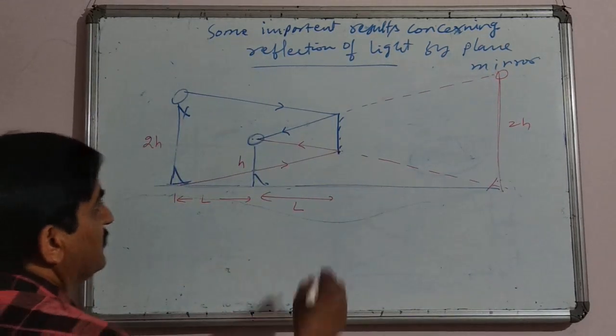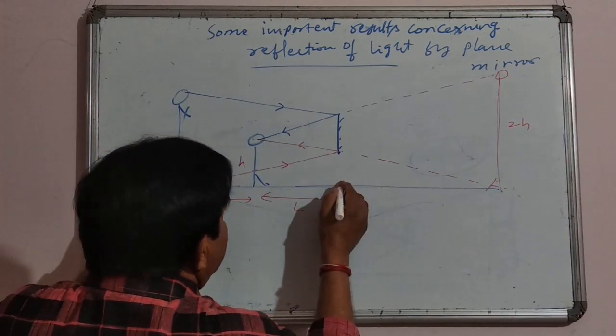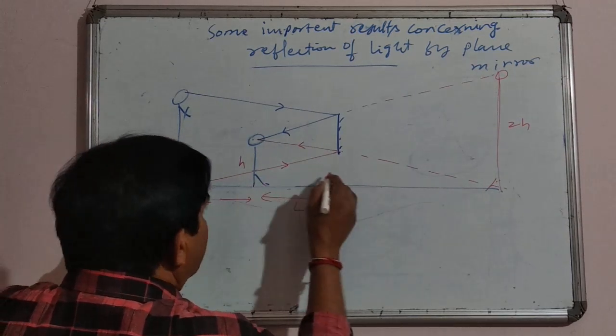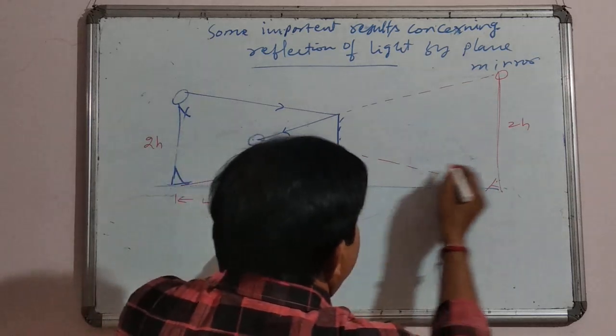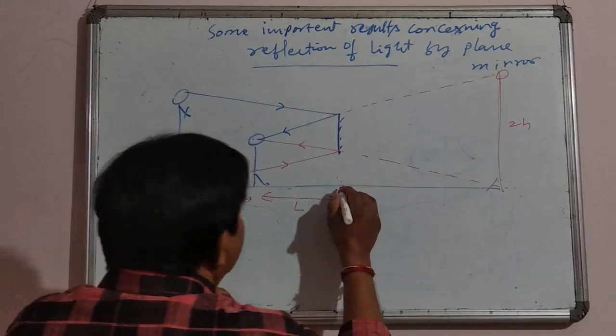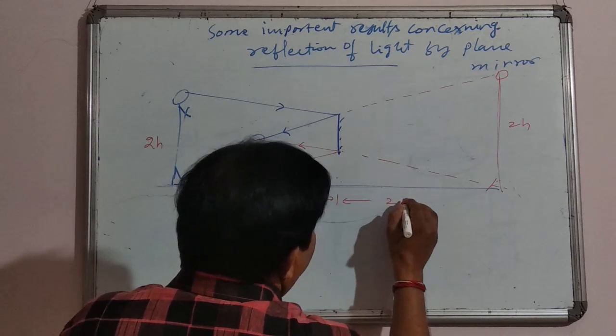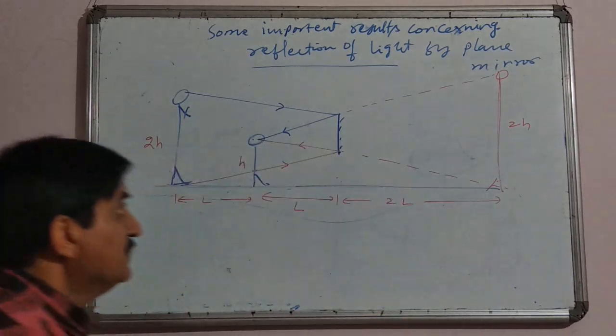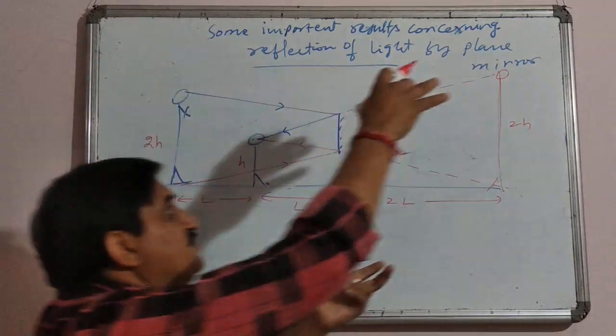Here, the distance of the object from the mirror is equal to the distance of the image. Therefore, the distance of the object is 2L, and the distance of the image is also 2L. Size of the object is equal to size of the image.